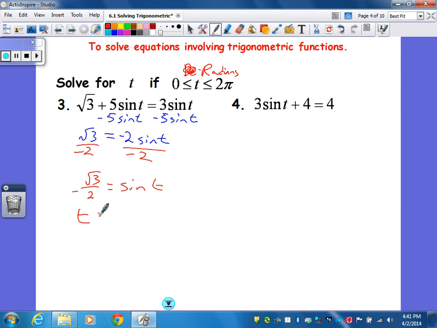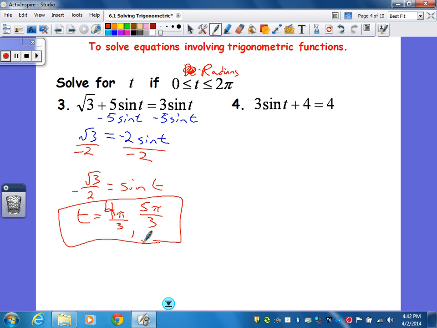So t, which was the 240, if you use the unit circle or the formula to transfer back and forth from radians to degrees, we have 4 pi over 3 and 5 pi over 3. Okay, that's your answer. So those are your two angles in between 0 and 2 pi.